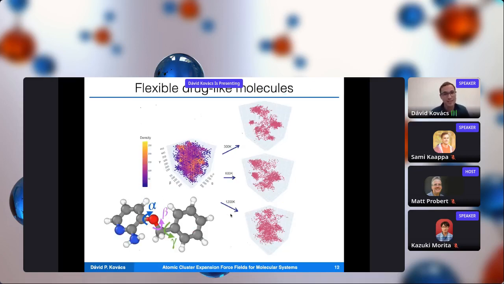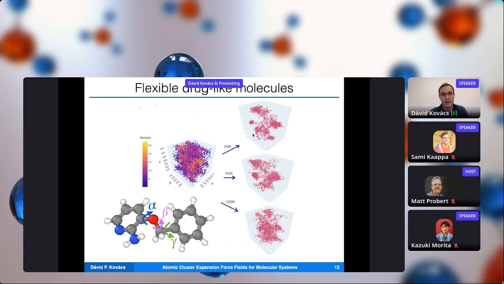To go to a more realistic system, this is my last example that I want to showcase here. We came up with a new benchmark where we took a more realistic drug-like molecule, which is this 3-BPA. It has 3 bonds, which all have rotations around them.